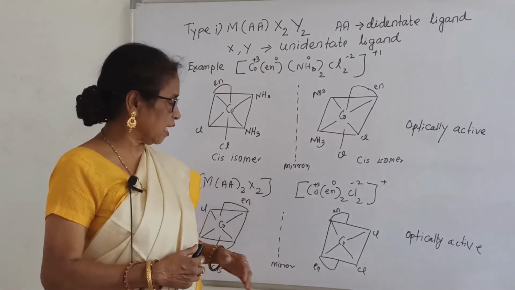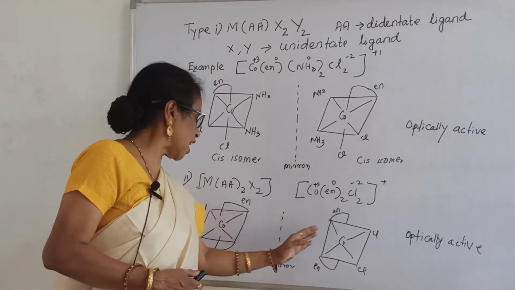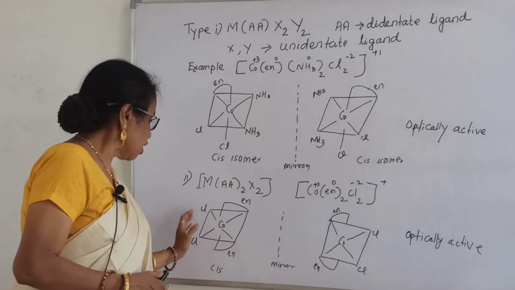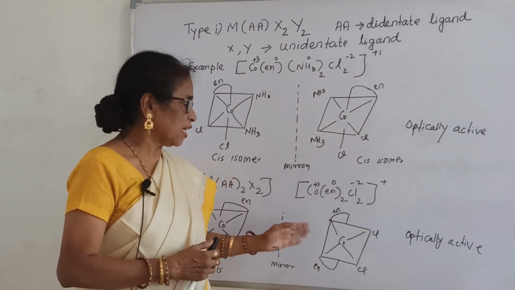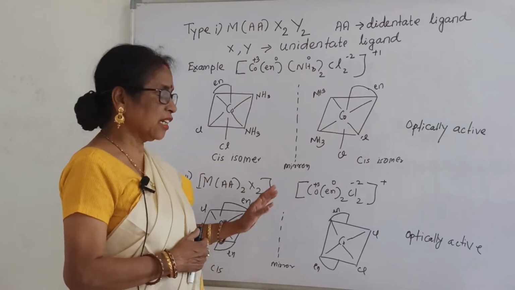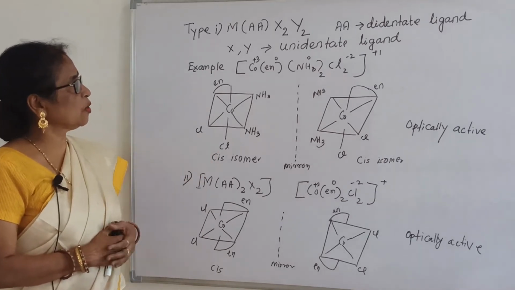If you take the mirror image, then ethylene diamine comes this side and ethylene diamine comes this side, and the chlorido group will come to this side, left to right, right to left. That is optically active, and it has a mirror image. And so these are the two examples.